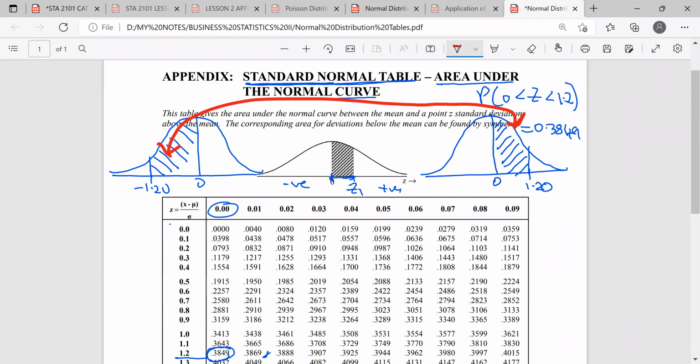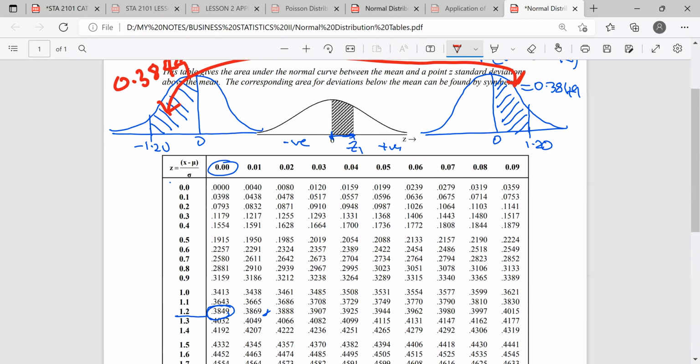So this area is also 0.3849. So if you are working with values of Z which are negative, you apply the property of symmetry. So you will work with a positive value of Z, but now you map it on the negative side. Okay.